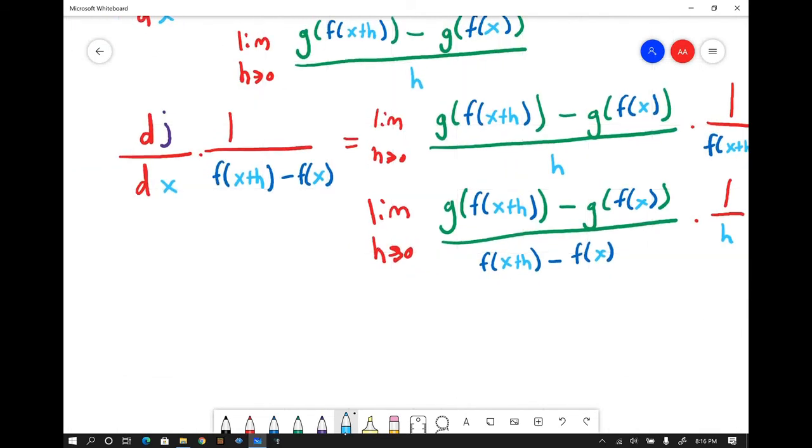So what we need to do is solve for the derivative of j of x. So let's bring our f of x plus h minus f of x from the left side over to the right side.